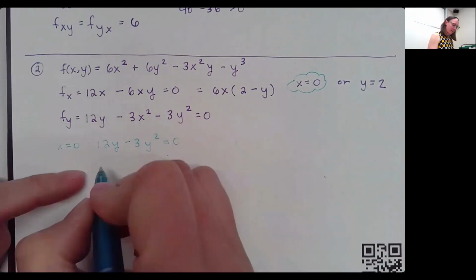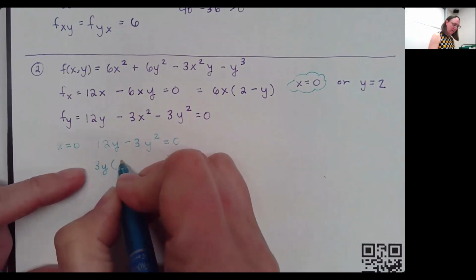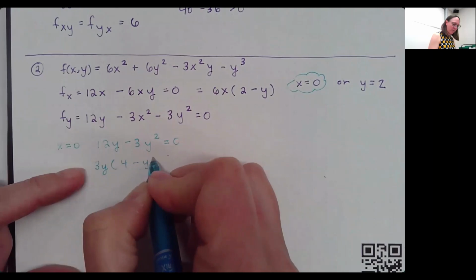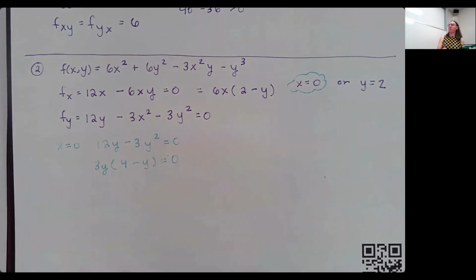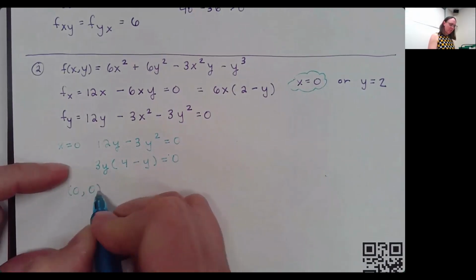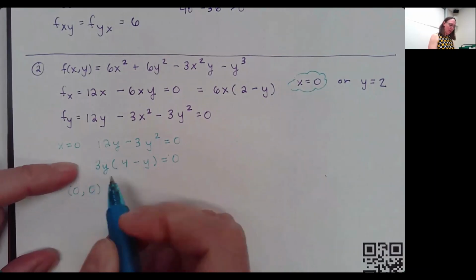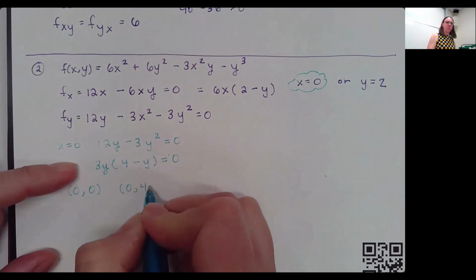And that, I can now pull out a 3y and have 4 minus y is 0. That has now given me 2 critical points. x could be 0, y could be 0 for matching up with the 3y part, or x could be 0 and y could be 4.